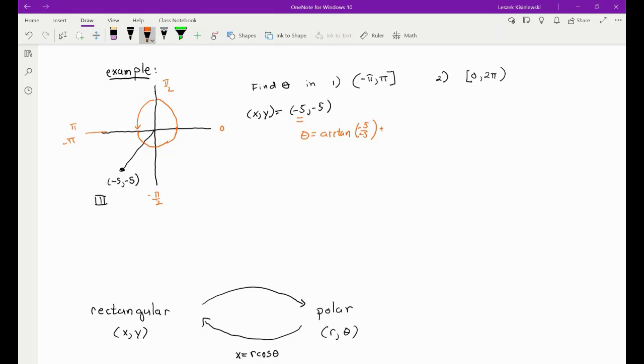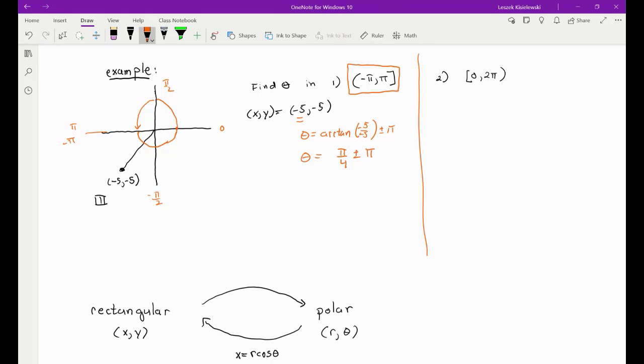But then we would either add or subtract pi, right? So should we add pi or subtract pi in this case? I should emphasize, maybe it's not clear, we're looking for our angular measure, theta, to be in that interval from negative pi to pi.